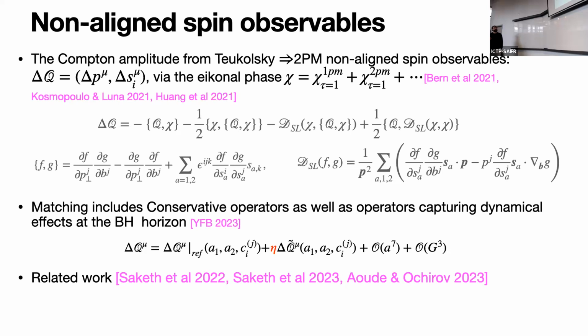So you just have to take some derivatives of your eikonal formula, which is just taking this amplitude and doing a two-dimensional Fourier transform. Then you can have a prediction of what the impulse and spin kick look like for precession. They still have to be checked against some related work like capture absorption by Saketh.